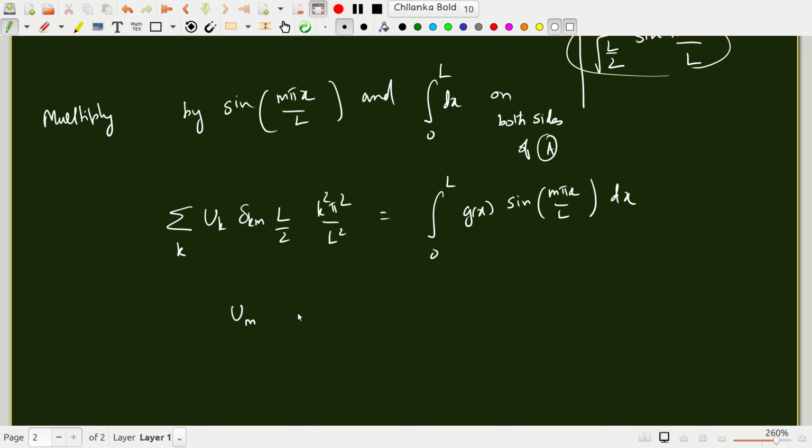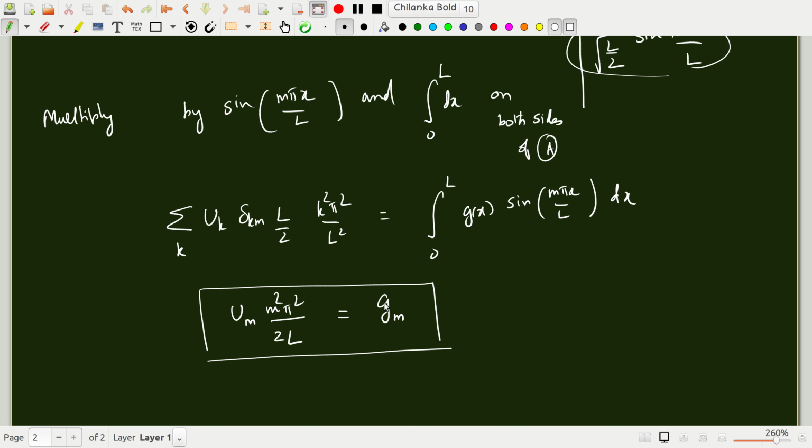So this will be simply m squared pi squared upon 2L, because there is one L that will cancel. And on this side, this can be thought of as the coefficient. If you were to expand g in terms of the sine eigenfunctions, then this will be gm, the coefficient of expansion.